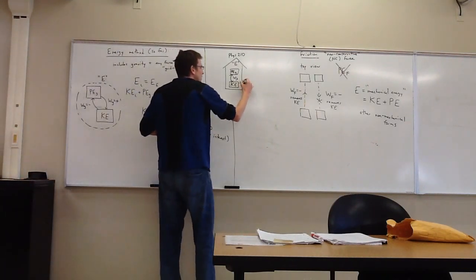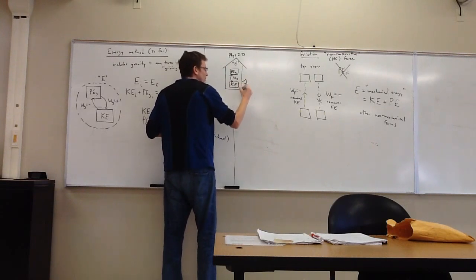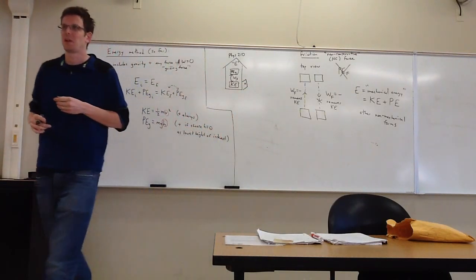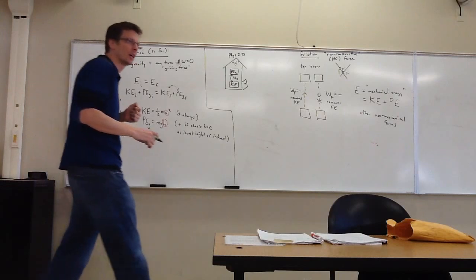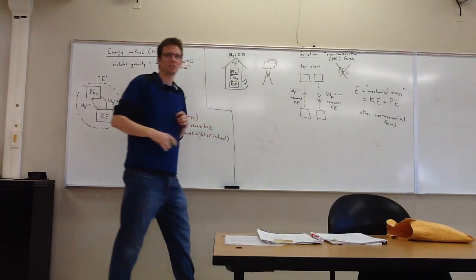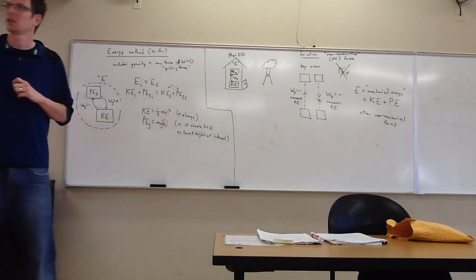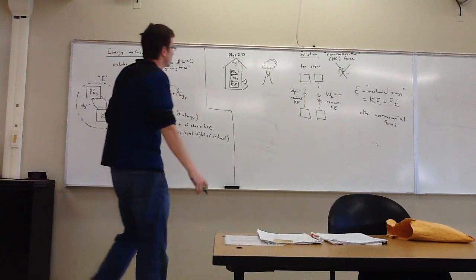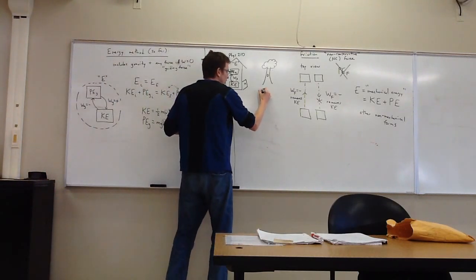But we do have a door. Sometimes the door gets left open. And then we're at the big wide world of all sorts of other crazy energies that we may occasionally have to acknowledge are present. One of them we already acknowledged was thermal energy.